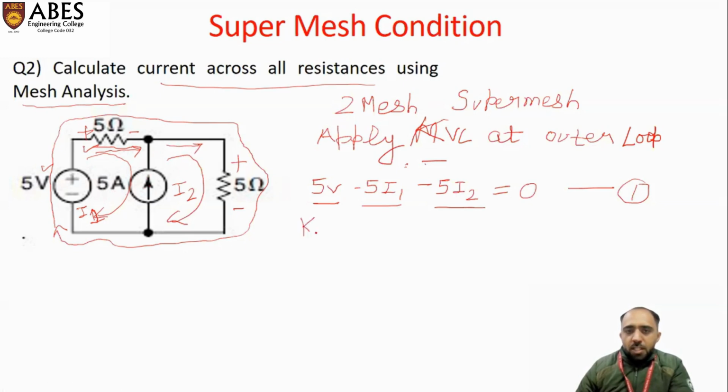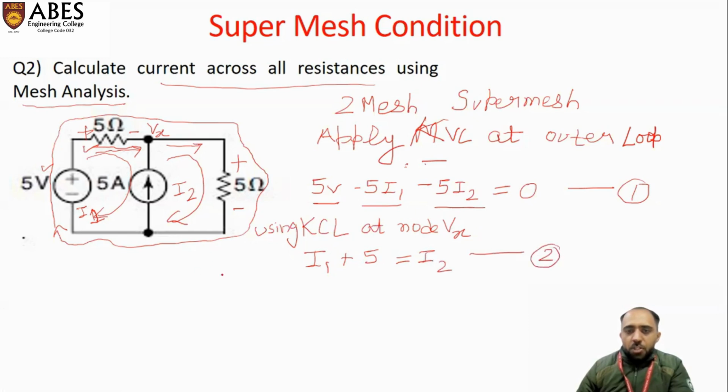I have used KCL at node Vx, let's say. What will be the KCL? Very simple. I1 plus 5 ampere is equal to I2. We got the second equation.